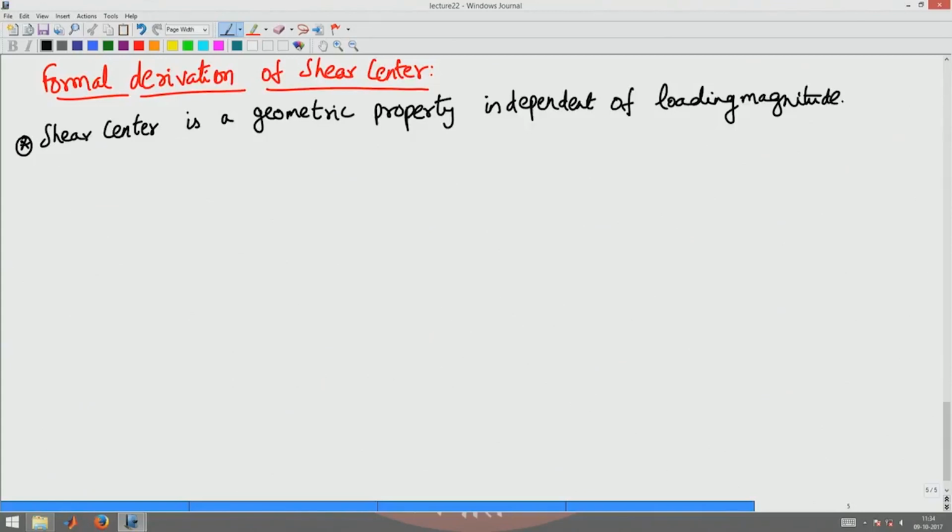Okay. So, let us say I have some arbitrary cross section. Now, in this cross section there will be both the shear stresses sigma xy and sigma xz coming in this cross section, because this is inclined and this is thin wall, there will be a shear flow like this.